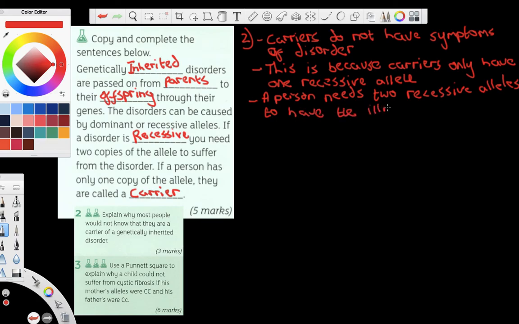So for 3 marks, you needed to say that carriers do not have symptoms of the disorder. This is because they only have 1 recessive allele, and a person needs 2 recessive alleles to have the illness.